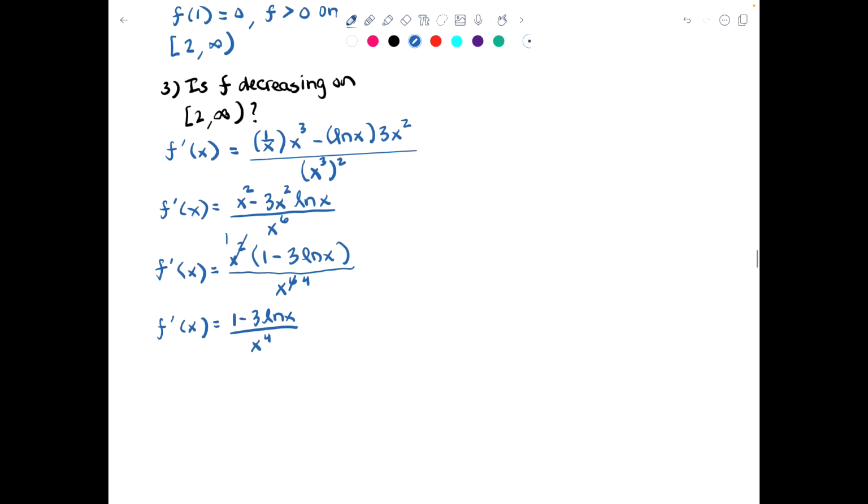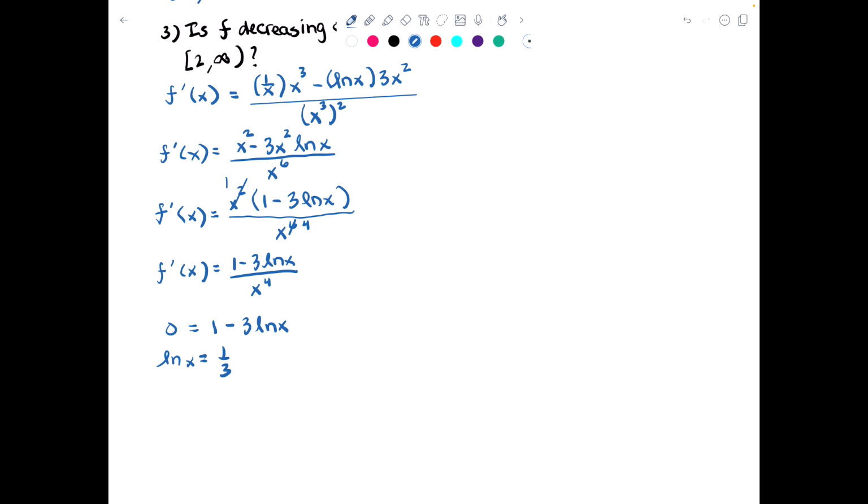So now when we set f prime of x equal to 0, we can find out where this trend is. We want f prime to be negative, so we want that numerator to be negative. So here we go. If we isolate our natural log at x, then we will get 1/3 on the other side with a little bit of algebra.